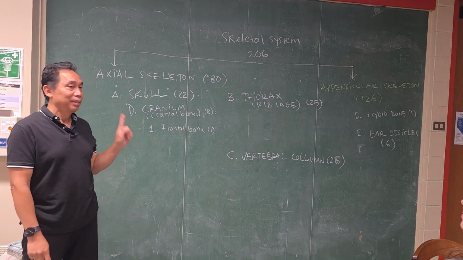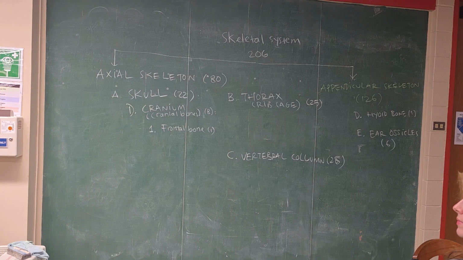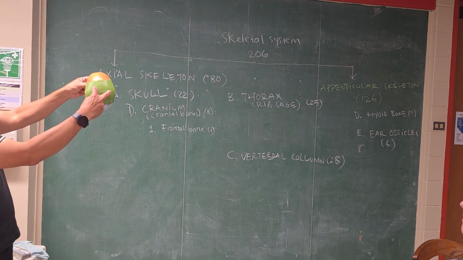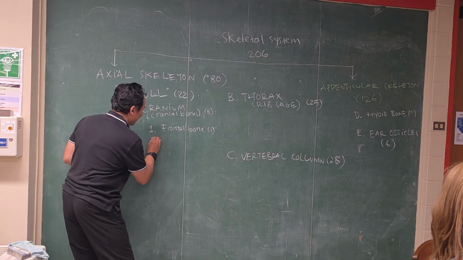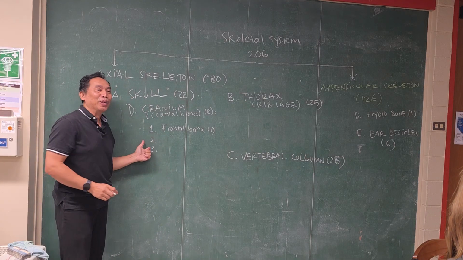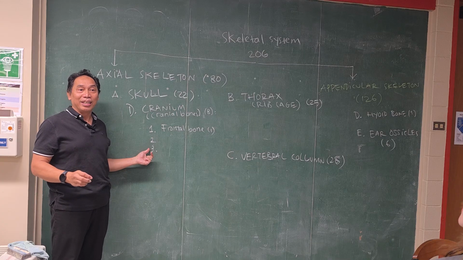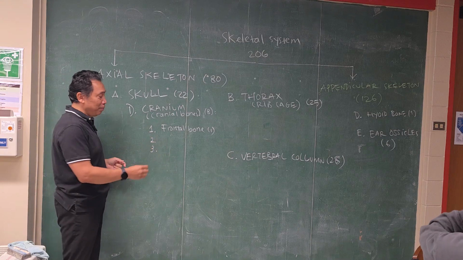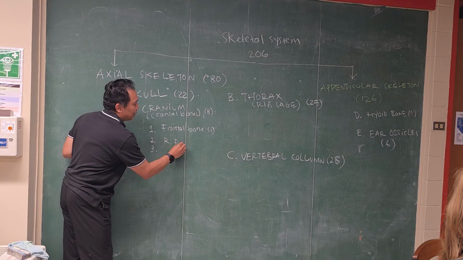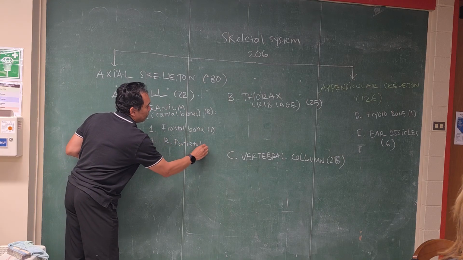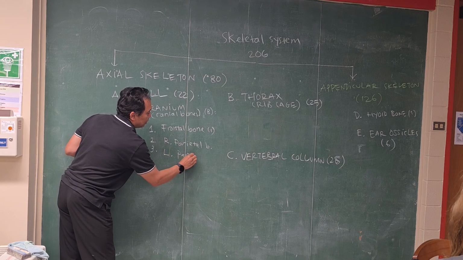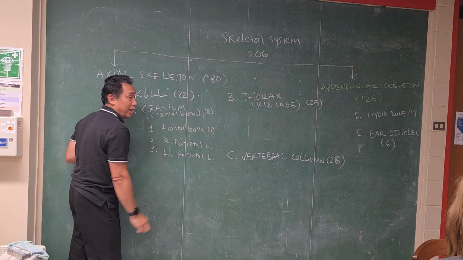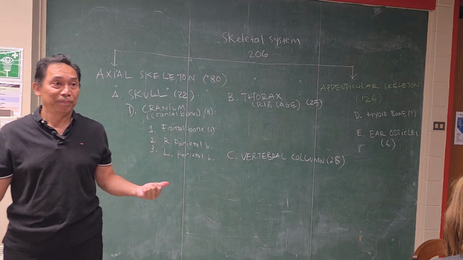Second one, here on the top, parietal. So we're gonna put 2 and 3, because there are 2 of them. We're gonna put right parietal bone, and then left parietal bone. The same name, left and right.